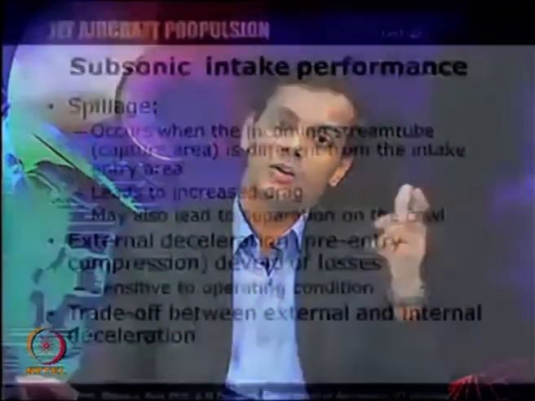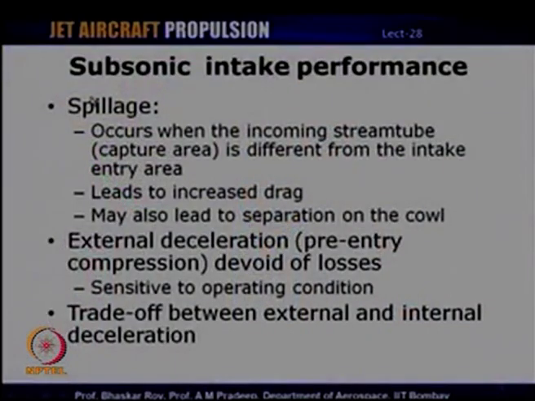Now, spillage under certain operating conditions, under off design conditions, may lead to increased external losses, that is, external drag. Spillage occurs under two conditions: if the capture area is larger than the intake entry area, or if the capture area is smaller than the intake entry area.